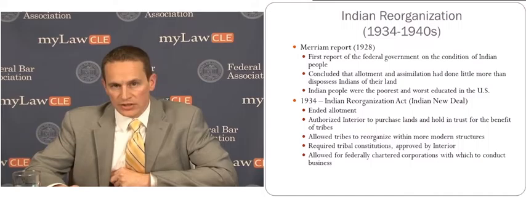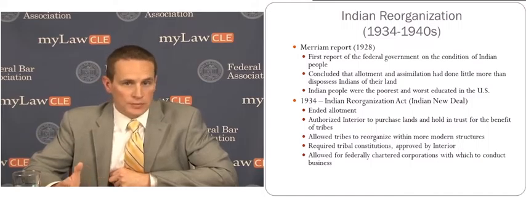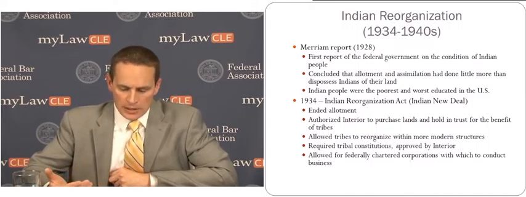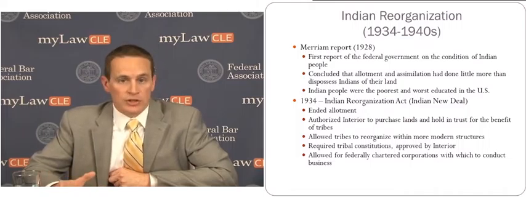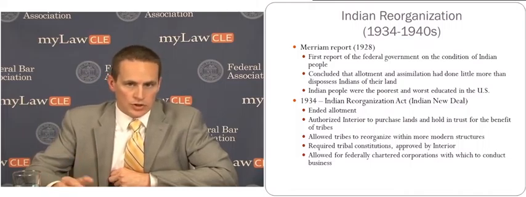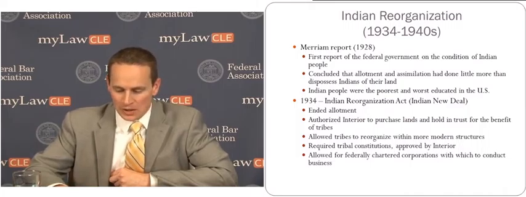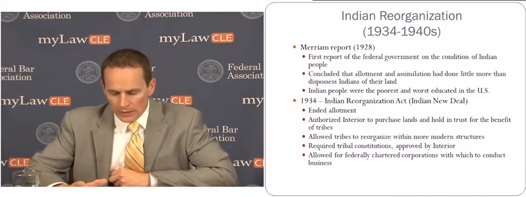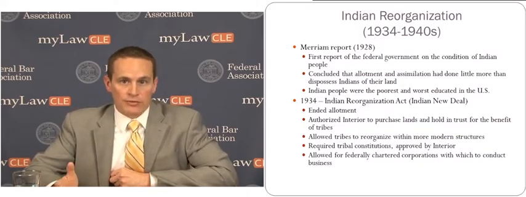And so to address this, during the Roosevelt administration, John Collier became the Indian Commissioner, and Felix Cohen, who wrote the first handbook on federal Indian law, Cohen's Handbook, was the solicitor there at Interior for Indian Affairs. And so together, they developed the Indian Reorganization Act in 1934.